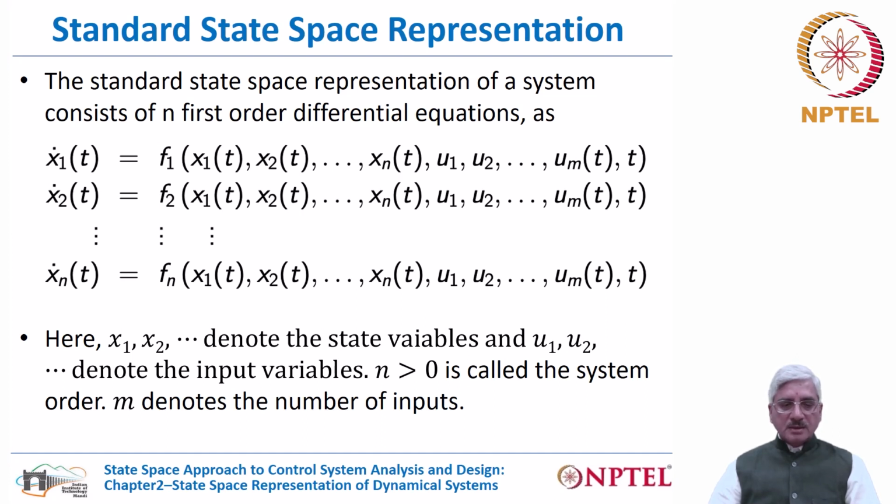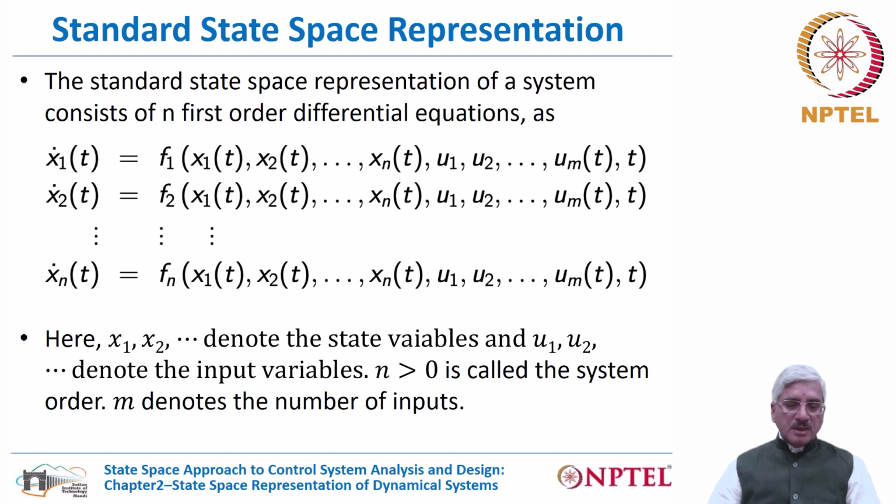The set of x1, x2 and so on up to xn, u1, u2 etc. up to um and time t. This is the standard representation. I repeat that in this, on the left hand side we have the time derivatives of the quantities x1, x2 etc. and on the right hand side we have functions in which the arguments are these quantities x1, x2 etc. and the inputs, and in addition to them the time.